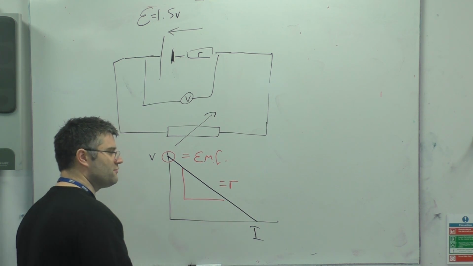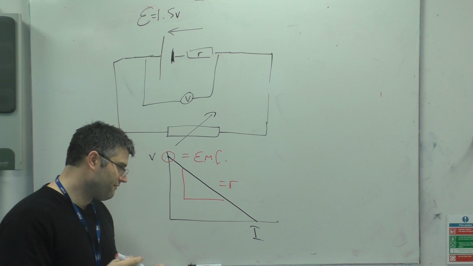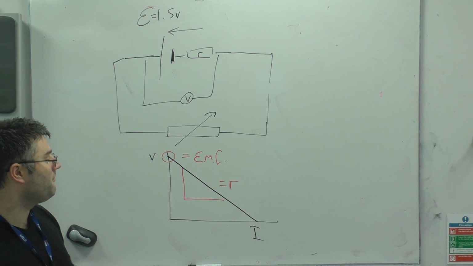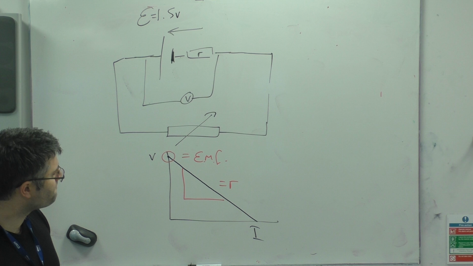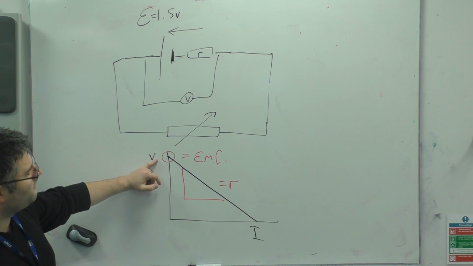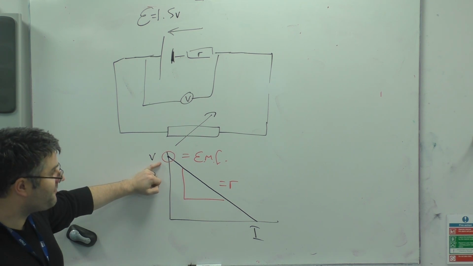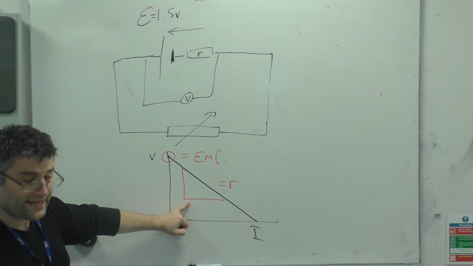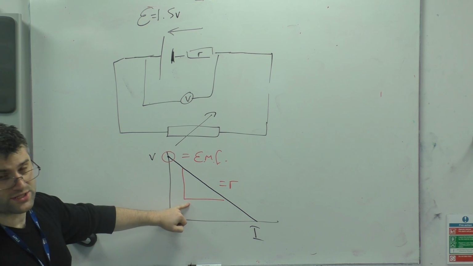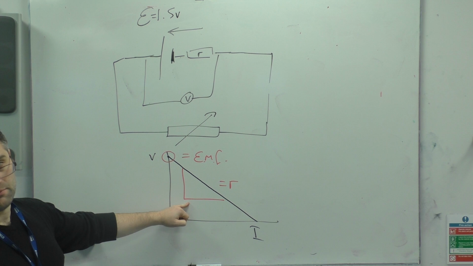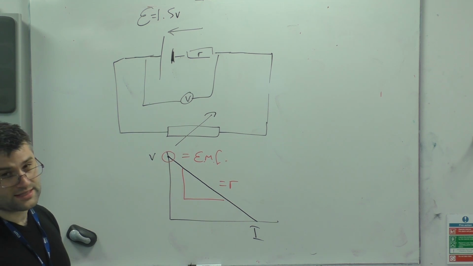And that is a really, really important value to get to grips with. So you can get the EMF from this graph. You can also get the internal resistance by utilizing this circuit.